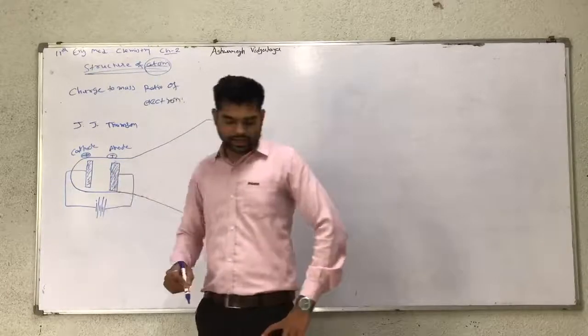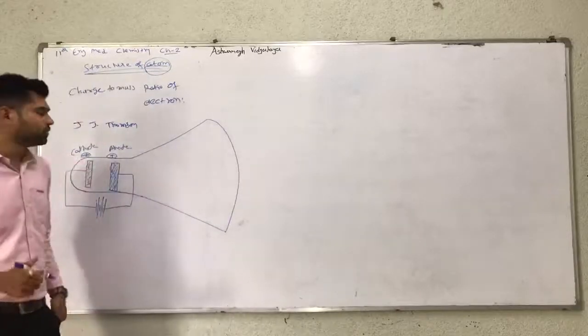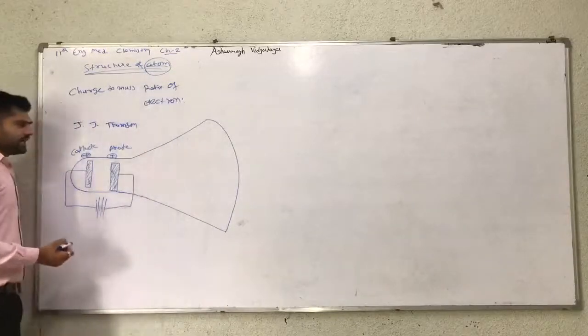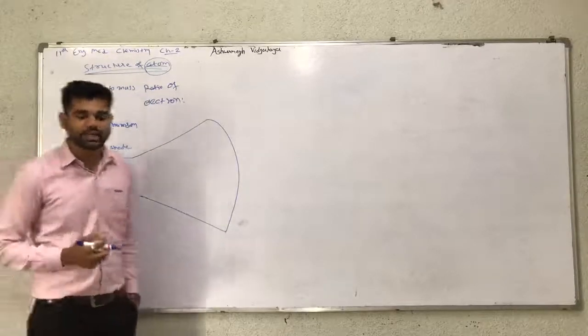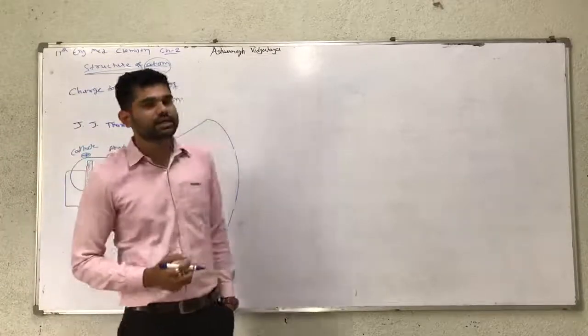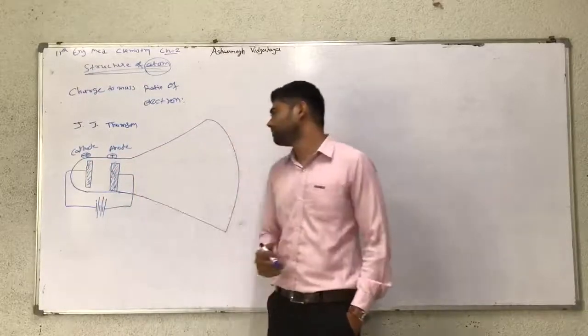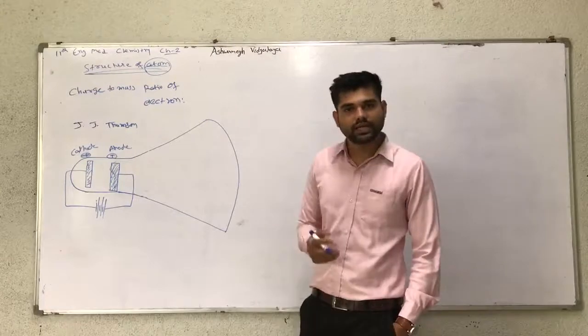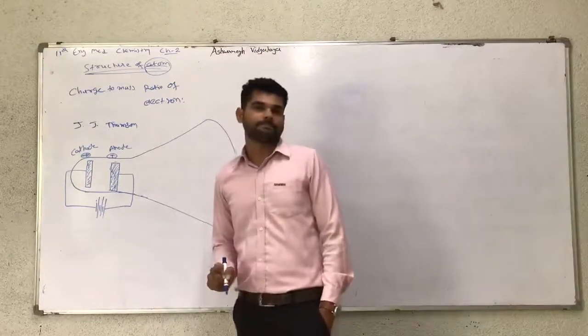Now the ray travels in a straight line, but we use concept 2. It means two poles are created, meaning two electric plates. Why should you use magnetic or electric plates? Because they create an electric field.